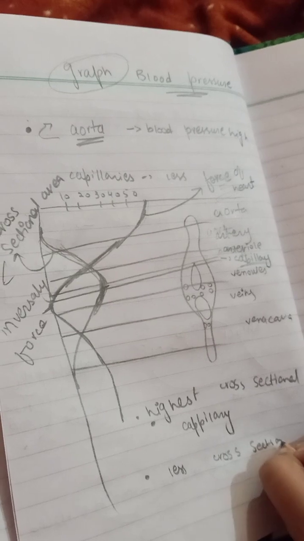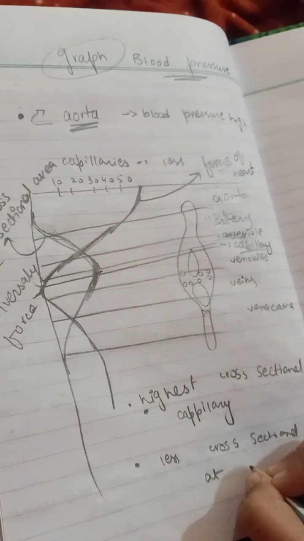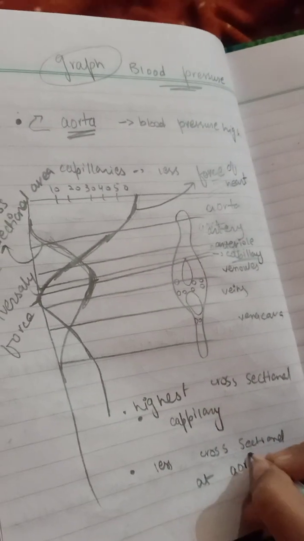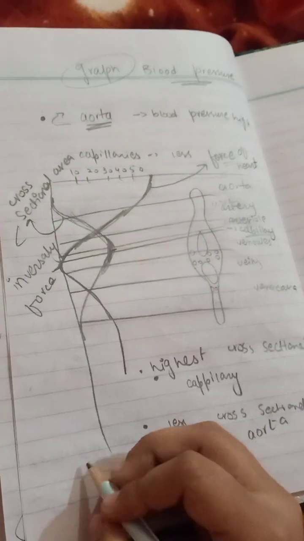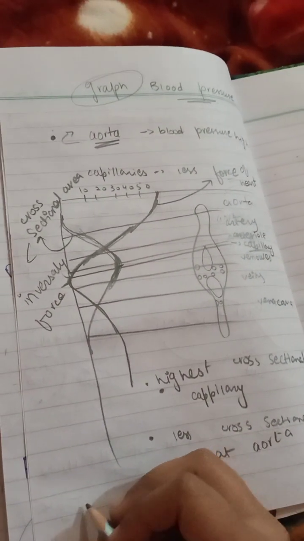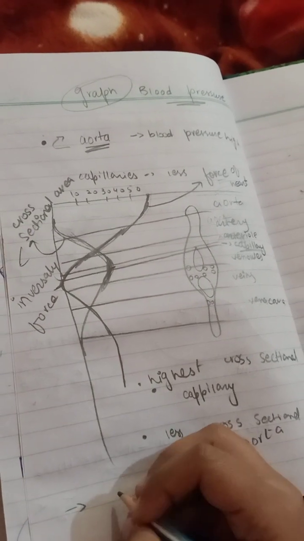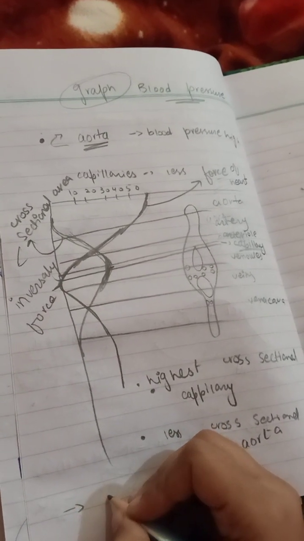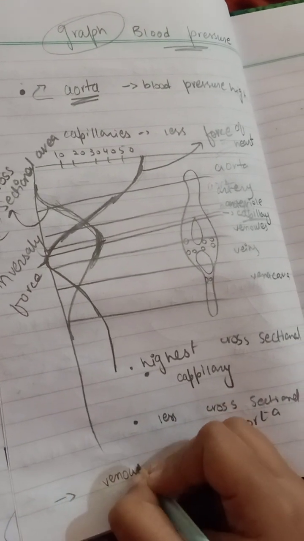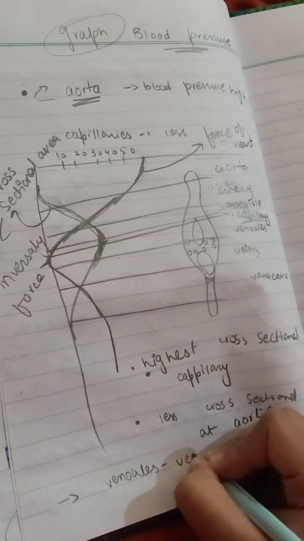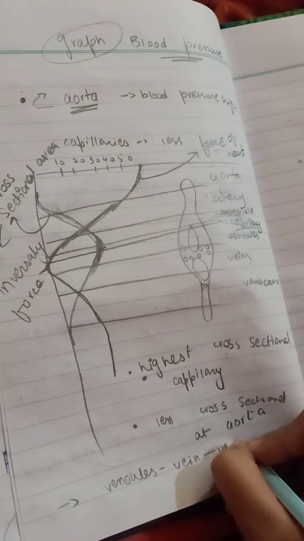After capillaries we have the venules, then veins, and then the vena cava.